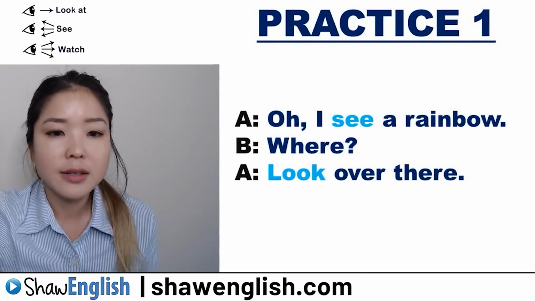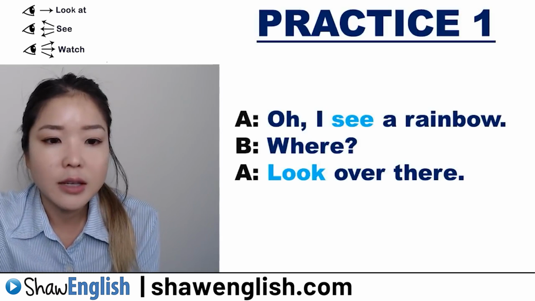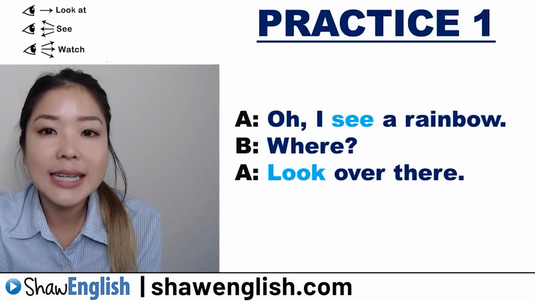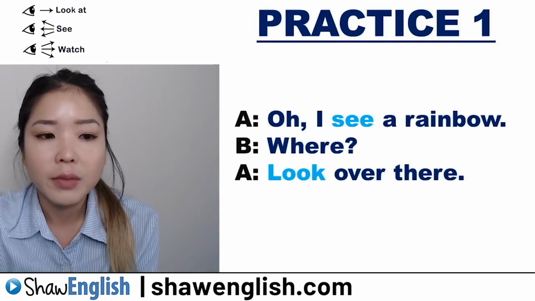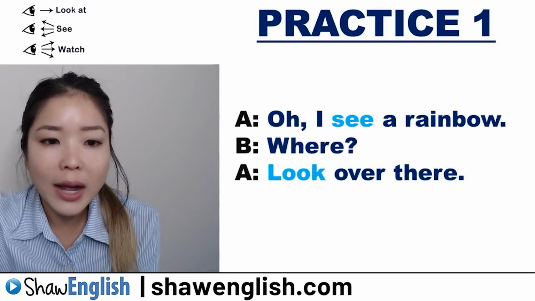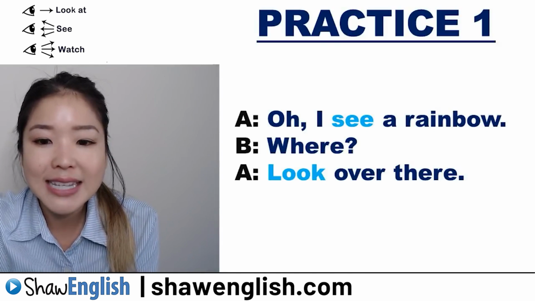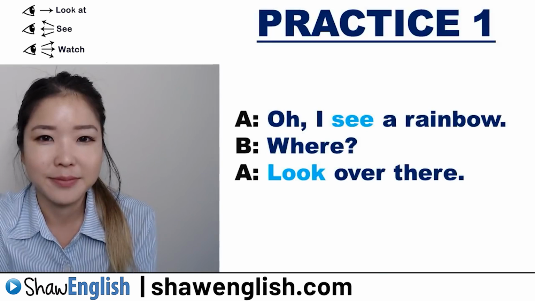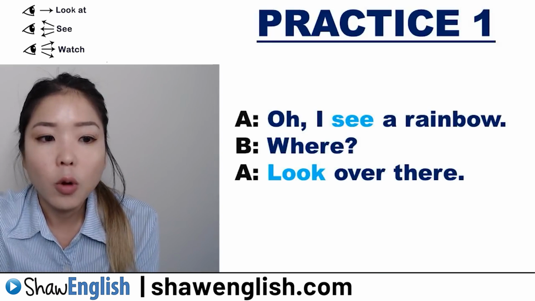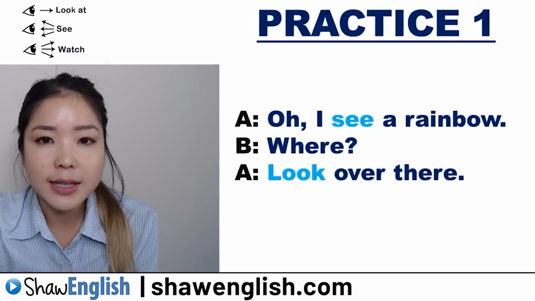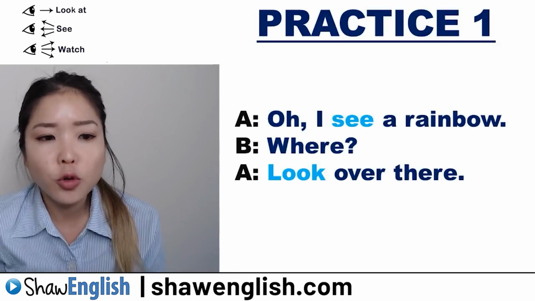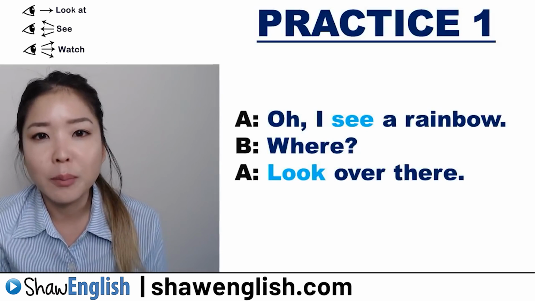Okay, practice number 1. A says, oh, I see a rainbow. Can you guys think about, why did A use the verb see? Well, A used the verb see because usually you don't know if there will be a rainbow, right?